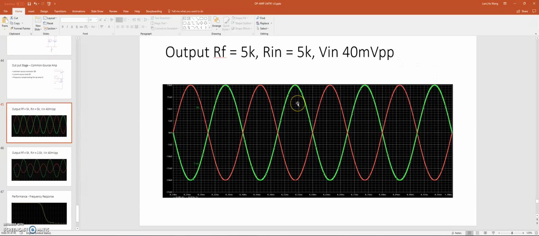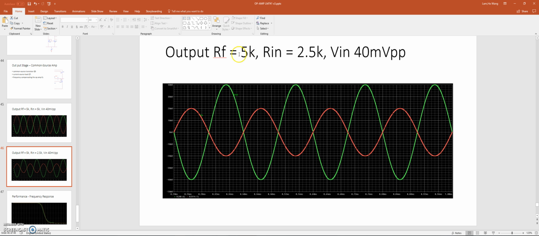So let's look at the output. I'm using the same setup as I used before. No, sorry, actually I'm using an inverting amplifier here, 5K and 5K. We expect a gain of -1. So we can see here, peak to peak 40 milli, and we have an inverted signal.